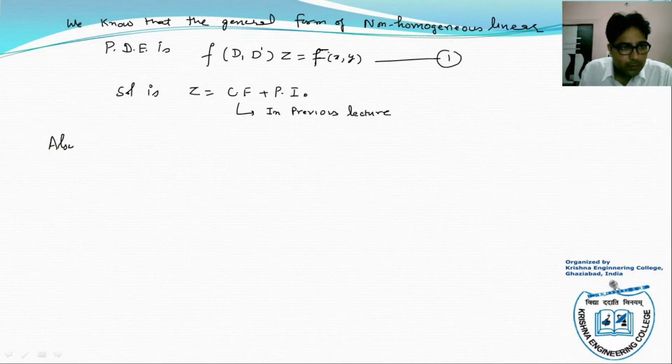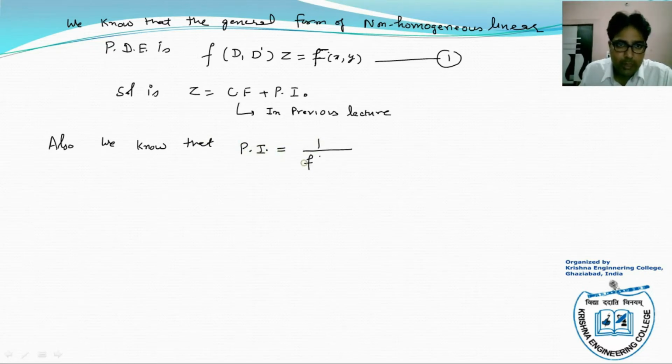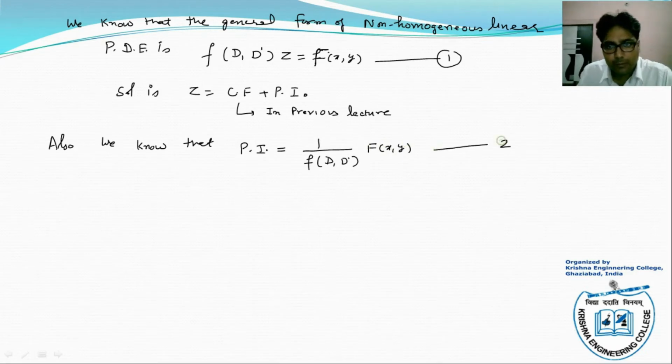Also, we know that PI of the equation is 1 upon f D comma D dash capital F x y. Clear? This is the rule of PI.